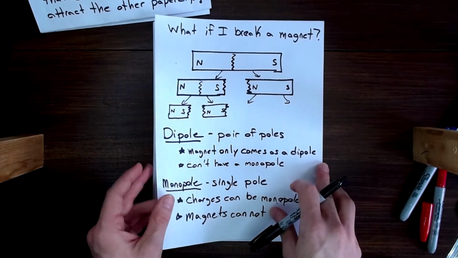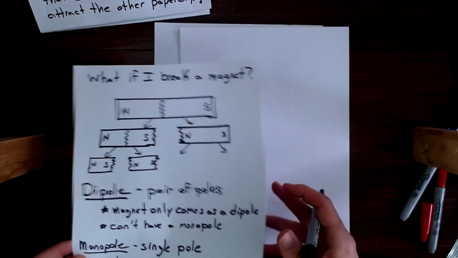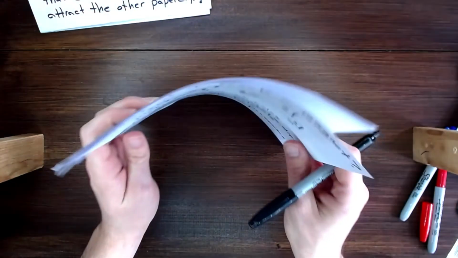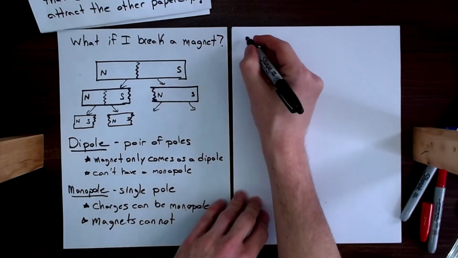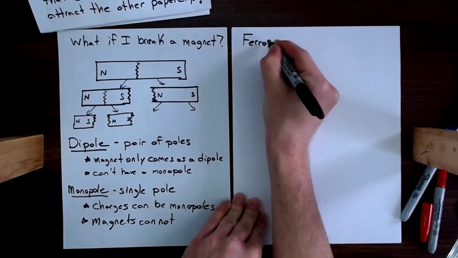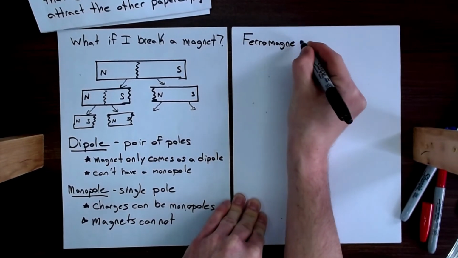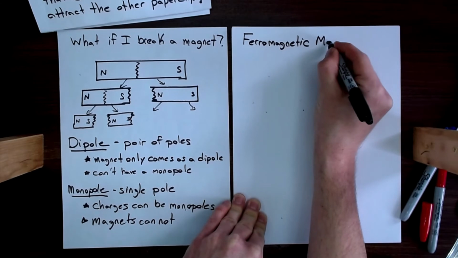Now, the strongest magnets that we deal with are made of something called a ferromagnetic material.